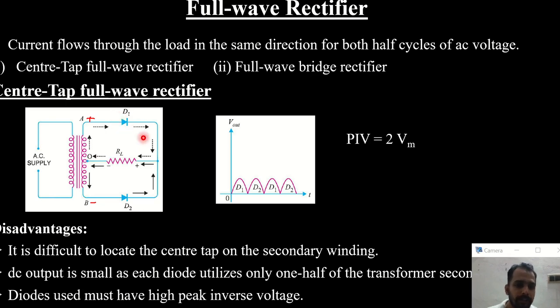So D1 conducts and D2 does not conduct. During the positive half cycle D1 conducts and the current flows in this direction through the load resistance RL.